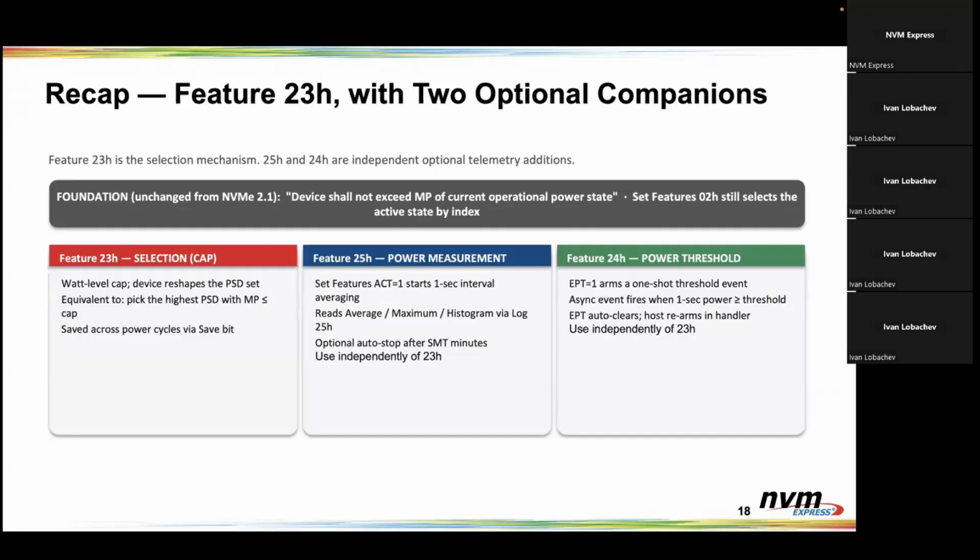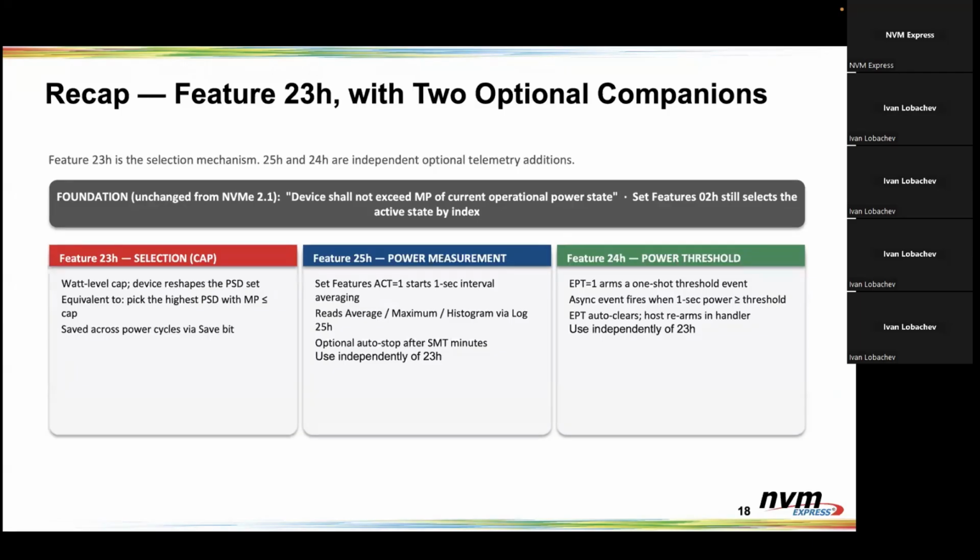All right, let's recap what we talked about here. So feature 23 hex, which is the power limit config. You get two companions that are optional, choose one, choose none kind of deal. So 23 gives you the watt level based selector for your maximum power.